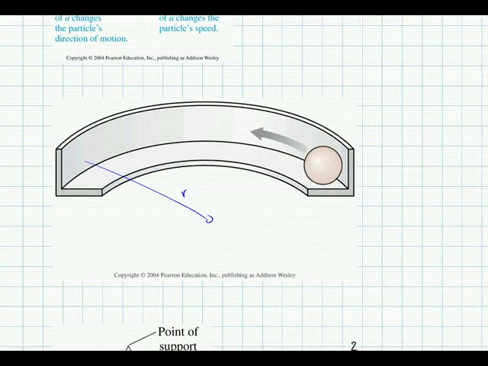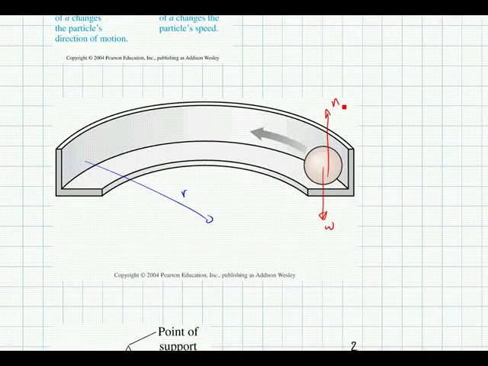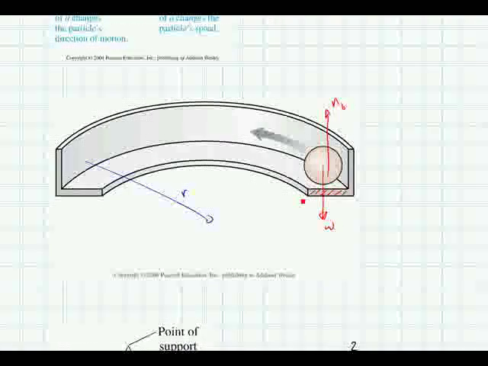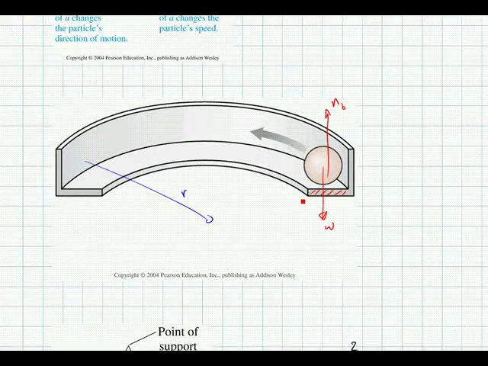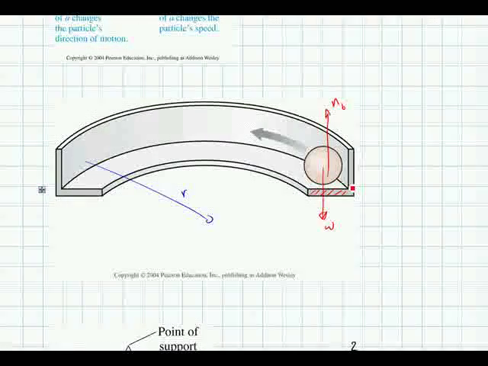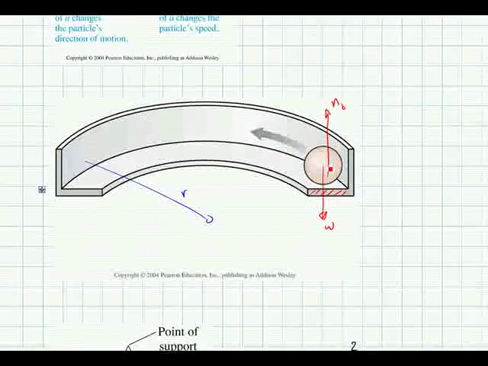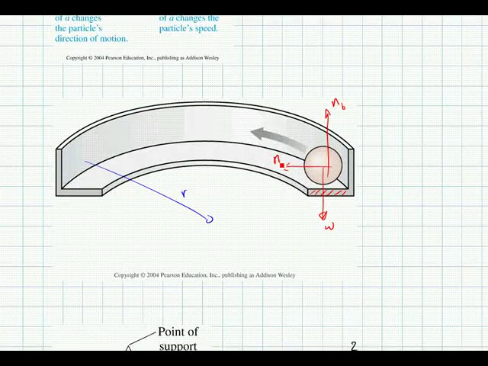So if we were to identify real forces acting on this object, what do we have? We have, of course, its weight, and then we have a normal force acting on the object from the bottom surface here. Then what other forces do we have? The ball is also in touch with the side surface, so we also have a normal force due to this side surface here, alright?